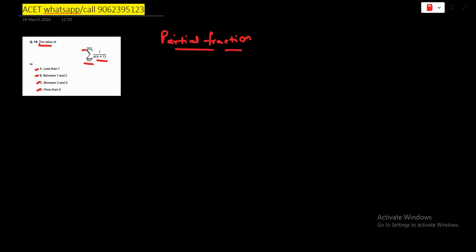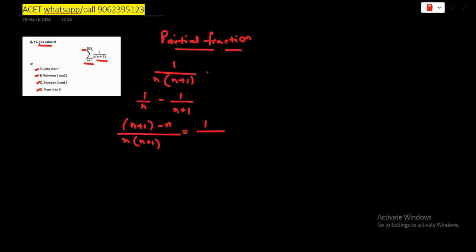Look at this function, 1 by n into n plus 1. If I told you to subtract 1 by n minus 1 by n plus 1, what do you get? We get n plus 1 minus n by n into n plus 1, that is 1 by n into n plus 1, right?